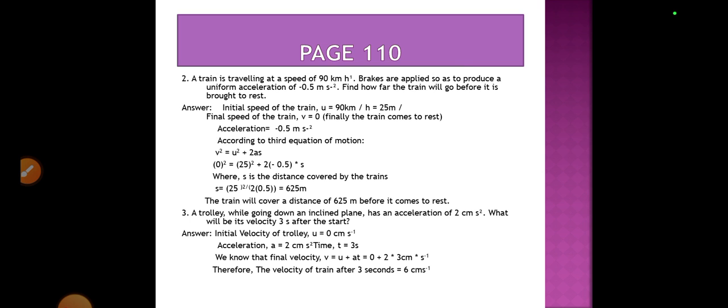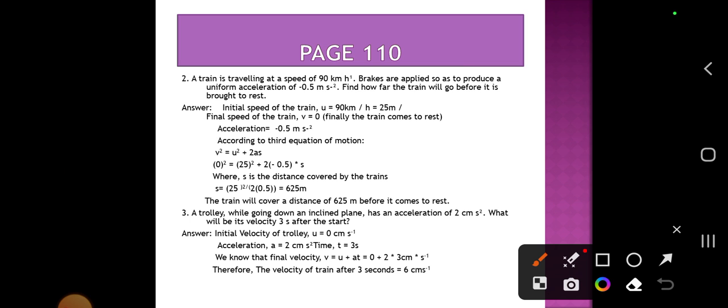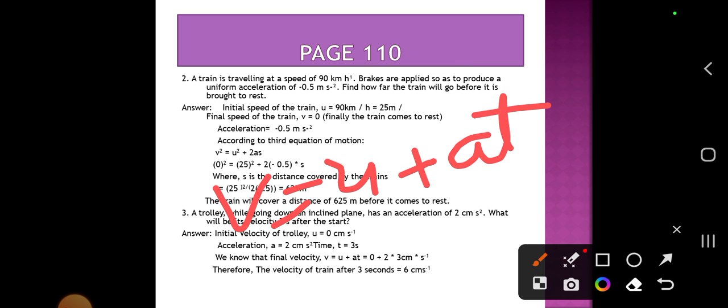So the final velocity v is equal to u plus at, as we know. Therefore, the velocity of the trolley after 3 seconds, by putting all data, you will get 6 centimeter per second.